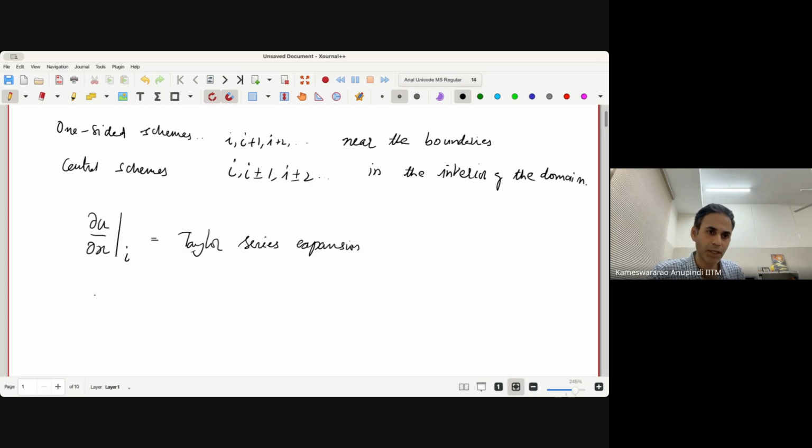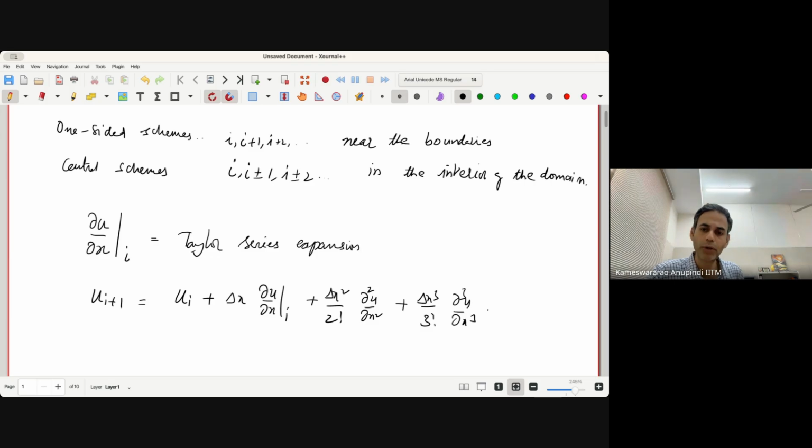We expanded u at I plus 1 about ui as ui plus delta x times partial u by partial x, plus delta x square by 2 factorial times partial square u by partial x square, plus delta x cube by 3 factorial times partial cube u by partial x cube at I, and so on. Instead of delta x, we might have used h, meaning the grid spacing.